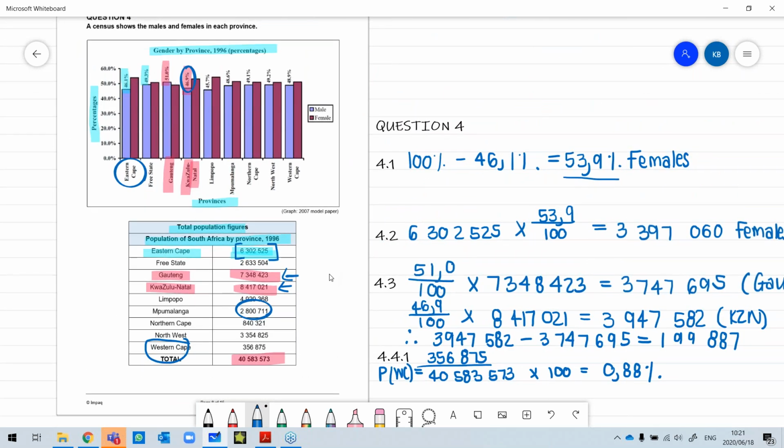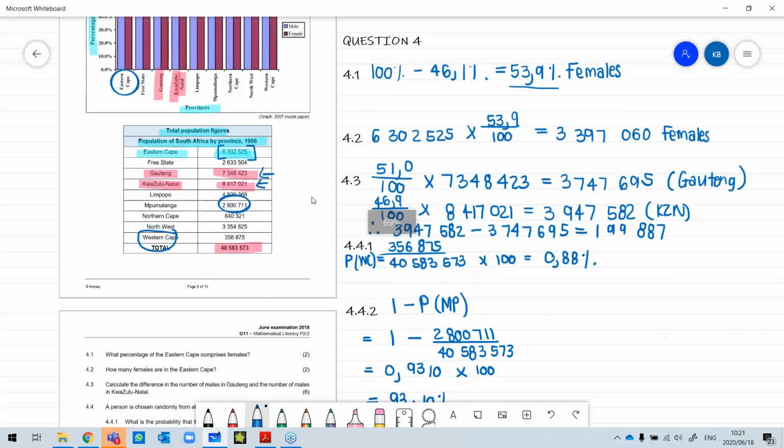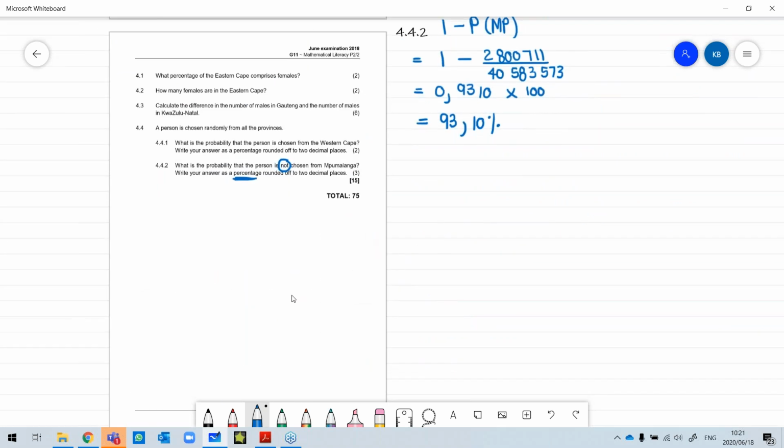So generally people from the department or from the government, they go around to all areas, they knock on people's doors, and then they would ask how many male, how many female are staying in this house, or how many children are staying in this house, just to get a general idea of how many people stay in a certain area or in a province. So that is normally what a census is.